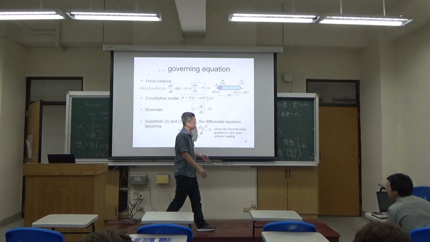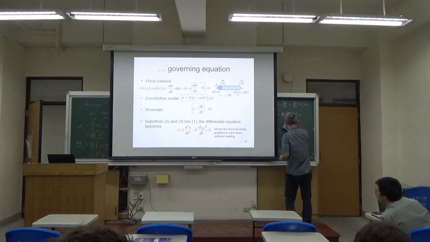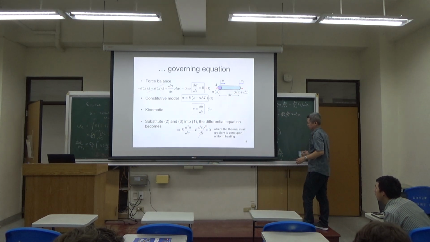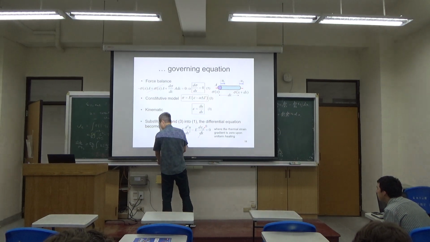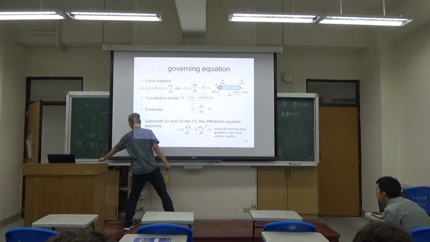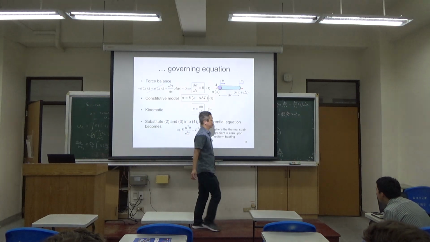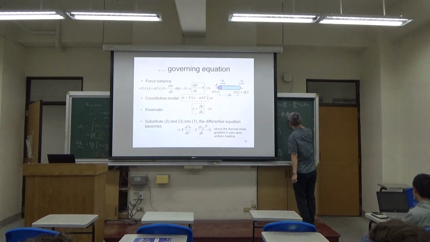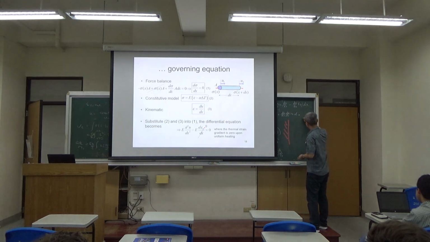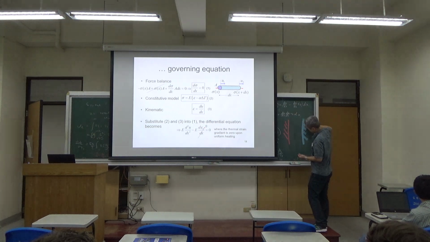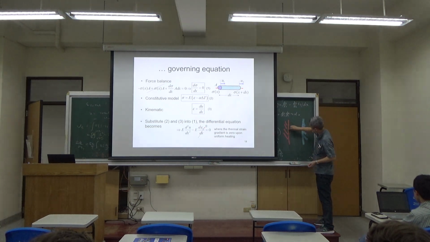Okay, take an example. How do you model a rod between a hot and a cold surface? So imagine you have a hot wall and you have a cold wall. In between them, you have a rod.